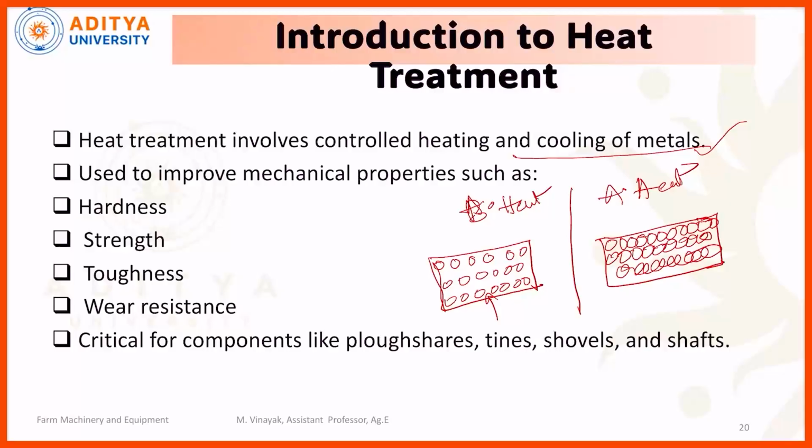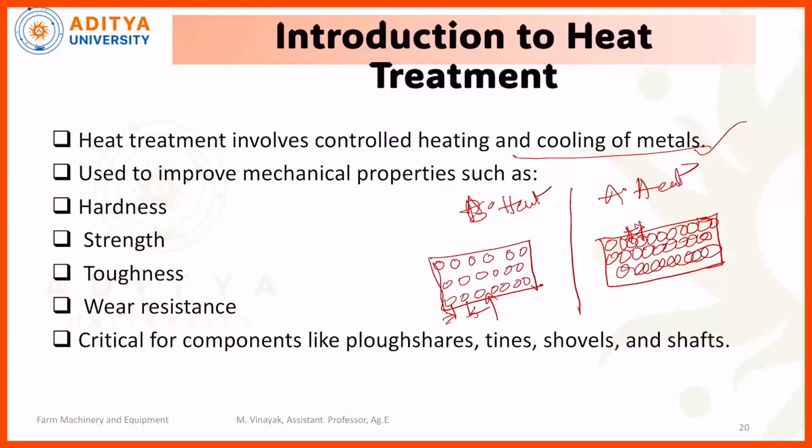Here we can clearly see the distance between molecule and molecule is more before the heat treatment process, and the distance between molecules is very small after completion of the heat treatment process.